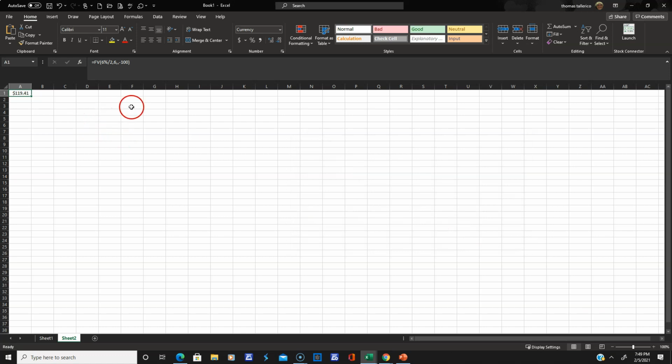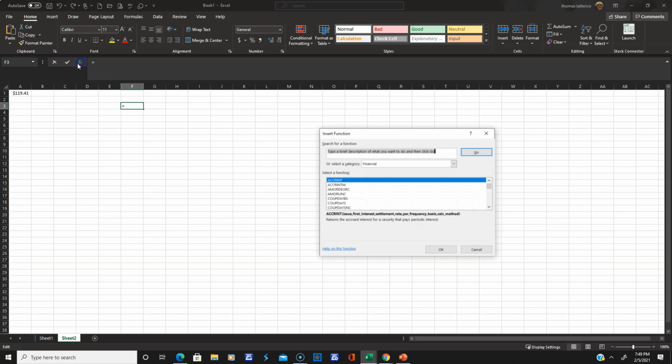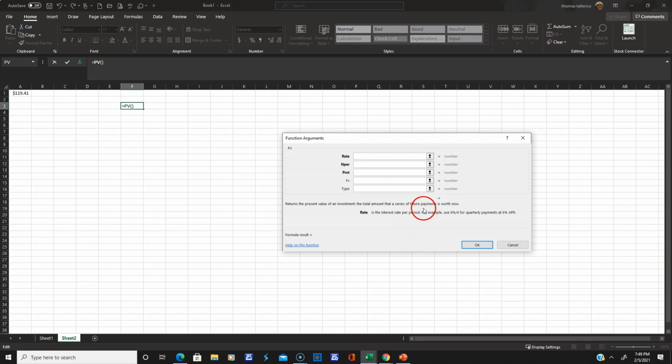Now I'm going to go over here and we're going to do present value. Remember, you can find it by just typing PV. I say go, and here it is. Look, it popped up right on top. So PV, and the same thing holds. Now, I'll show you how we can go backwards.